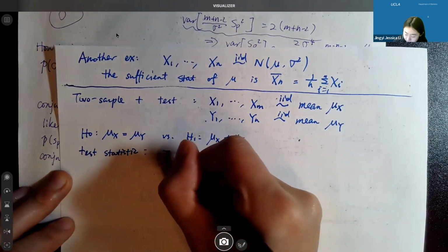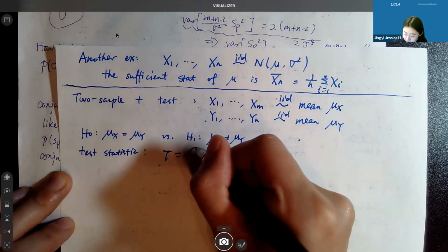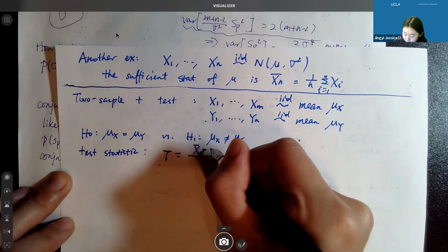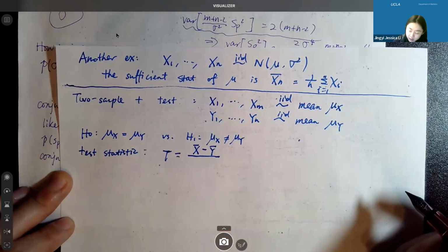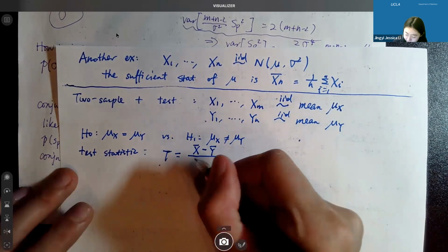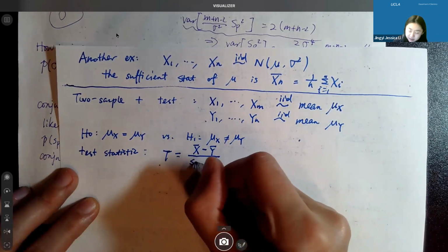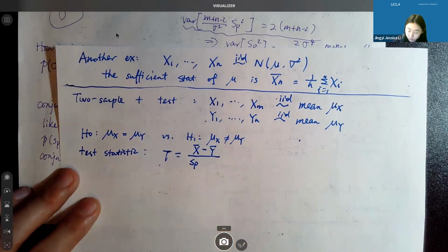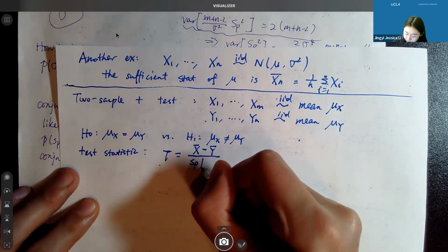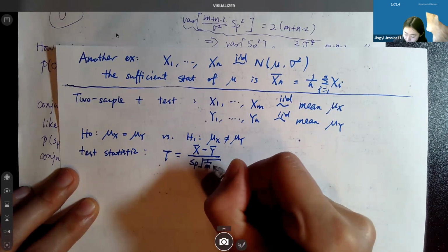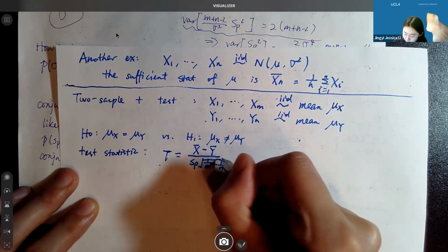If you recall, it's defined as X bar minus Y bar over S_p, the pooled standard deviation, times the square root of 1 over m plus 1 over n.